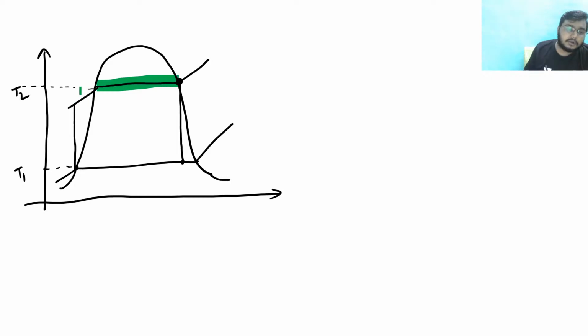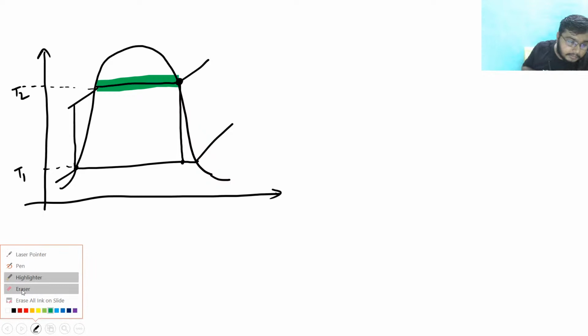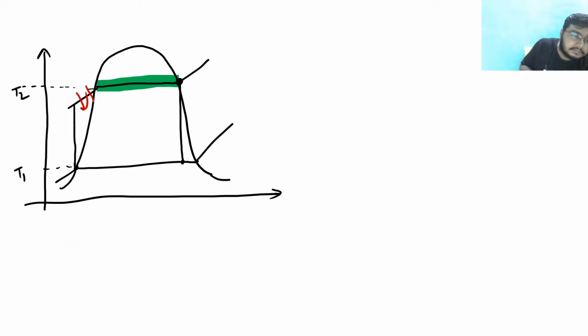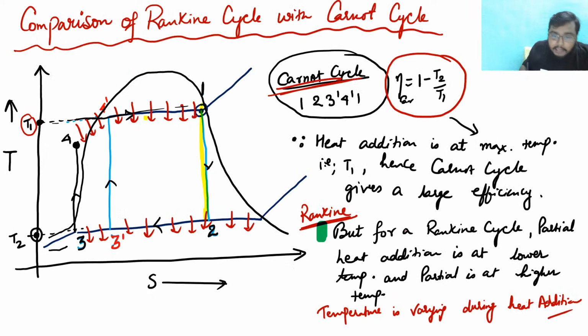But what about this? Throughout this also heat addition is there. Here the temperature is less compared to T2. That's what I have written here, that for a Rankine cycle partial heat addition is at lower temperature, so these are at lower temperature, and partial is at higher temperature, so these are at a higher temperature.